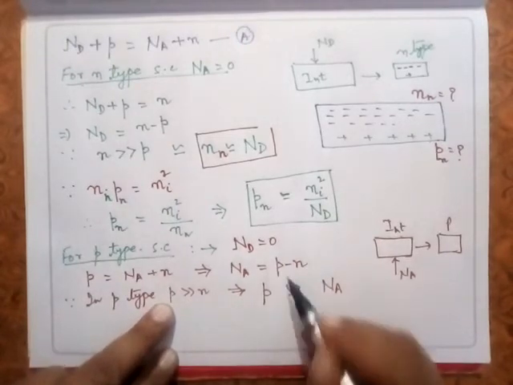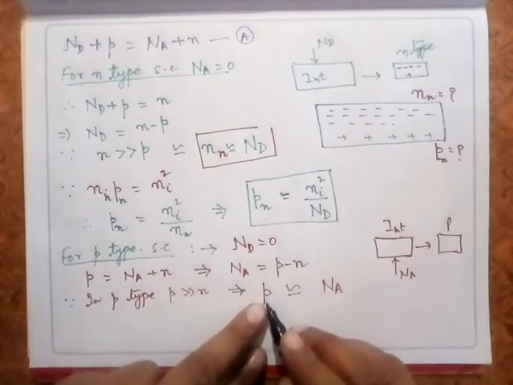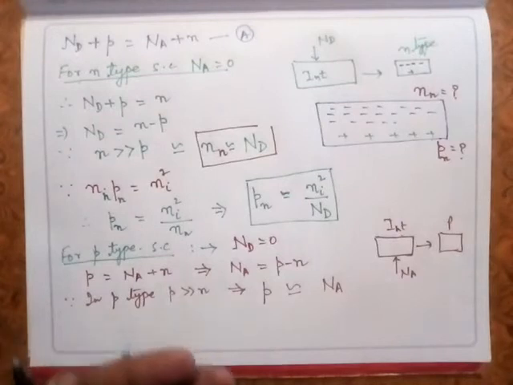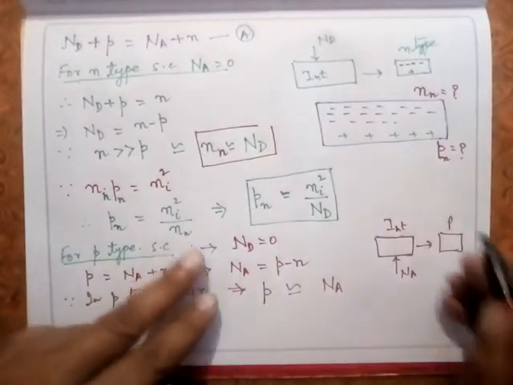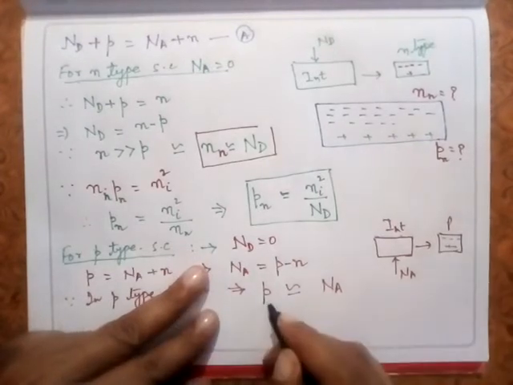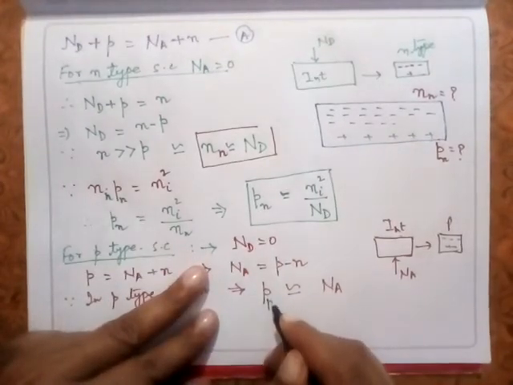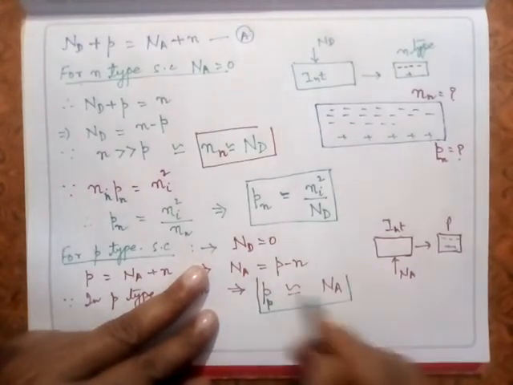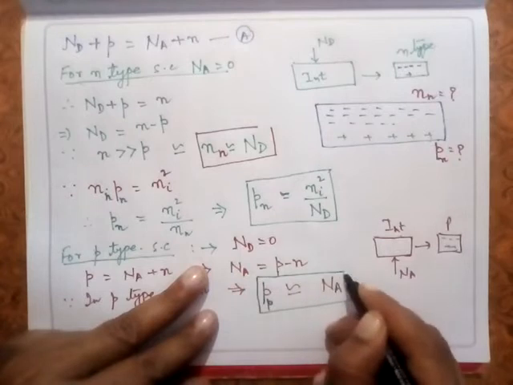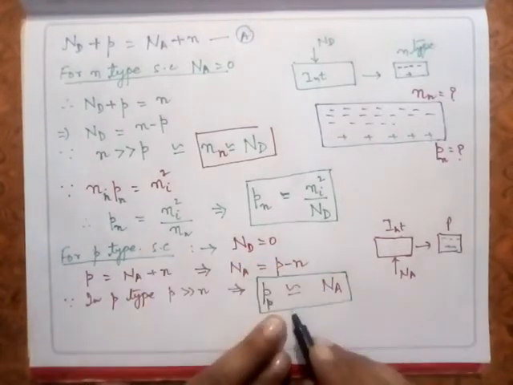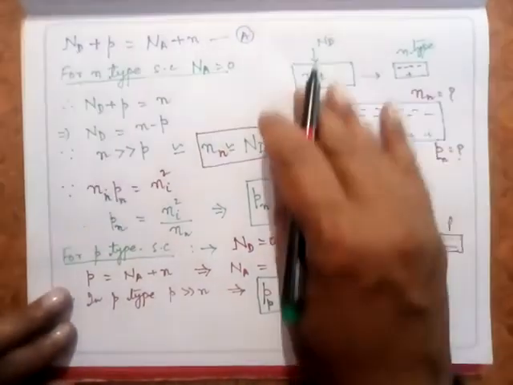So the number of holes in p-type semiconductor, p_p, is approximately equal to the acceptor concentration.